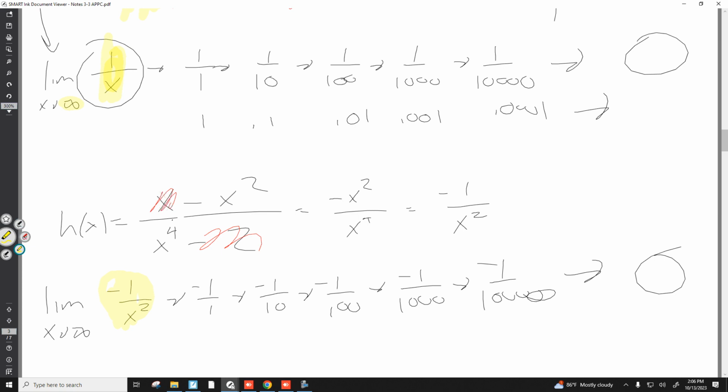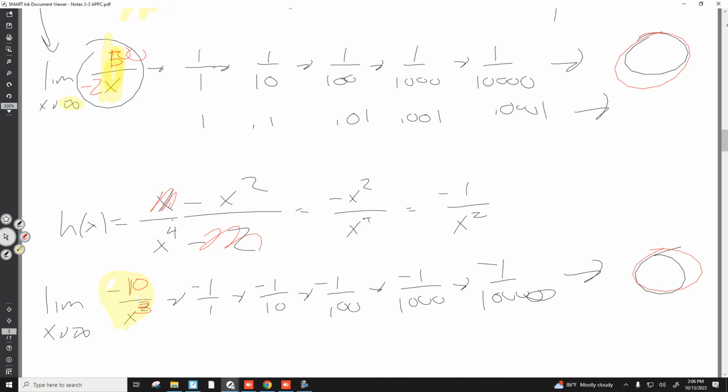If this was 1 over x cubed, if this was 10 over x cubed, if this is 500 over x, if this is 500 over negative 2x, it doesn't matter. It's going to approach 0 as your denominator gets bigger and your numerator doesn't do anything. We clear?